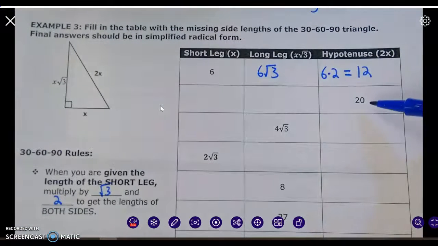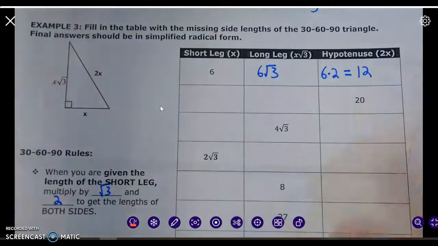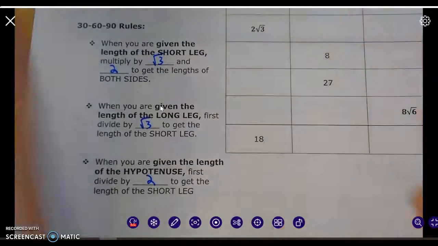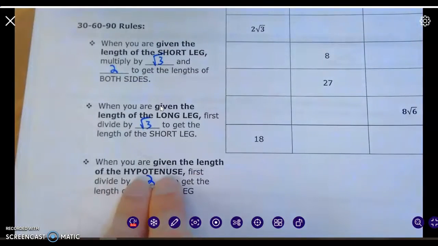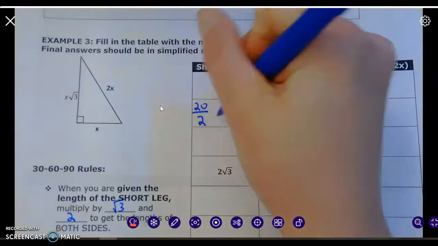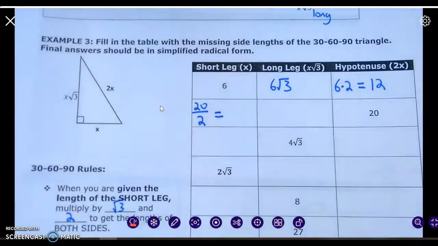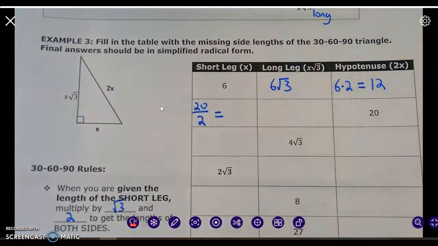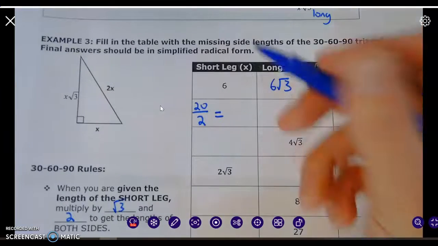Okay, next one, we have 20, which represents our hypotenuse. So I'm going to go read my rule. What does it tell me to do? If I have the hypotenuse, divide by 2 to get the short leg. Okay, so we're going to take our 20, divide by 2 to get our short leg. I am going to write these steps out so you guys know where we got 10.